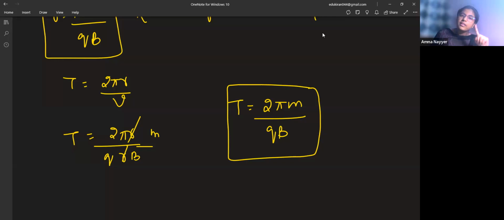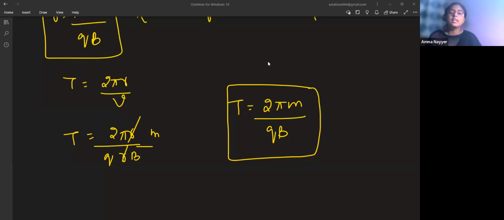One more thing. What is the relation between frequency and time period? Can anyone answer? Frequency and time period, a very common formula it is. 1 by frequency.